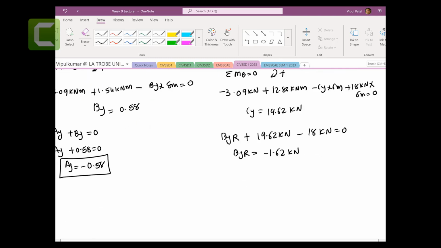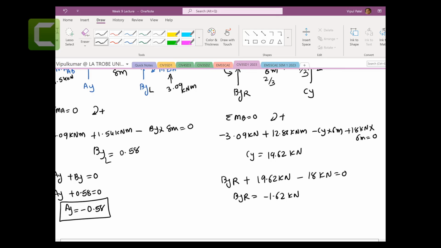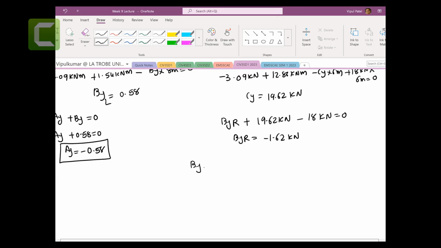So BY, that would be BY left side. So we need to add that one to get these ones. BYL, I think there is something I mixed up, otherwise it would work. Minus 1.62, that's not going to match. So I think something is.